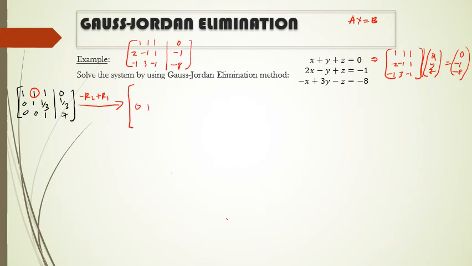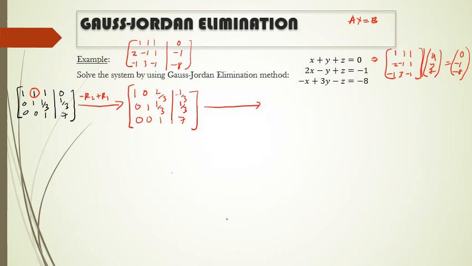So 0, 1, 1 over 3, 1 over 3, 0, 0, 1, 7. And then 1, 0 here, 2 over 3, 1 over 3.